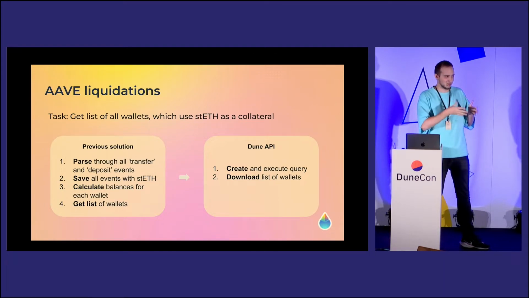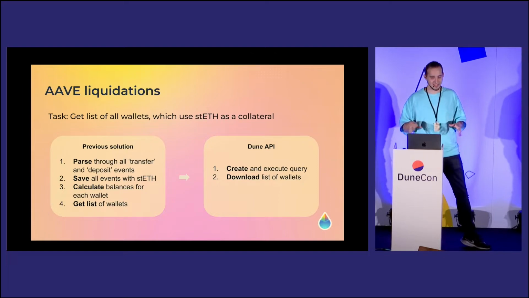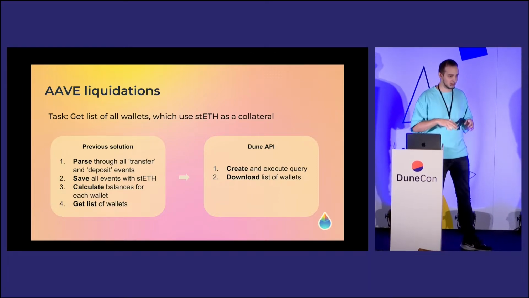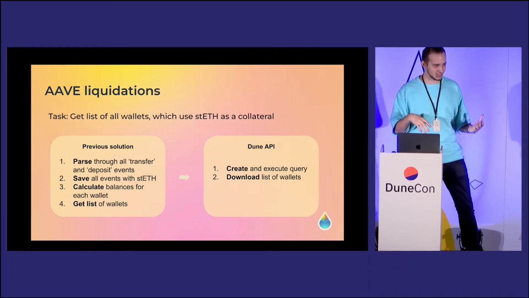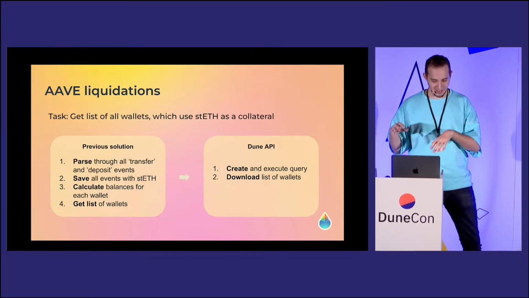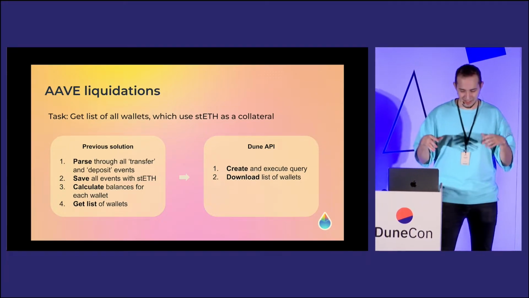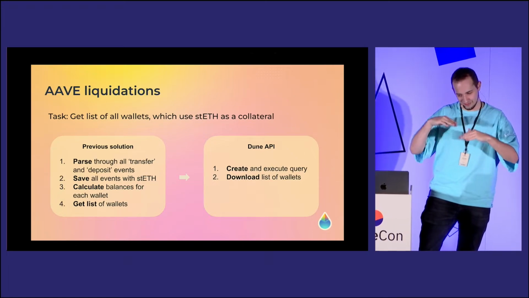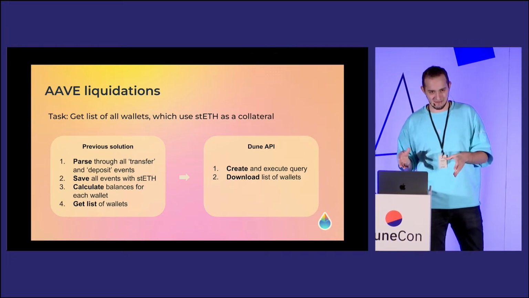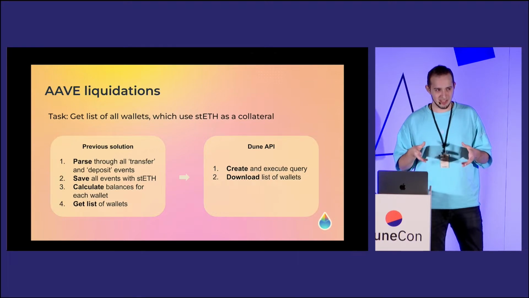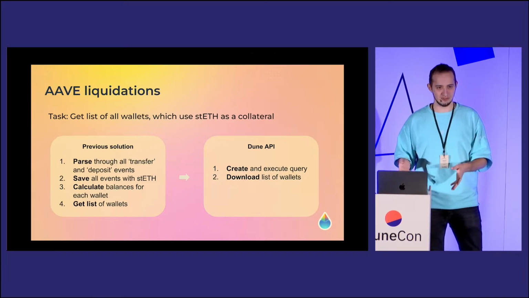If you do this on-chain with just Web3, you have to pass through all deposit and transfer events, save all events with stETH, and after that calculate balances through transactions and save them somewhere. This was really time and execution consuming.